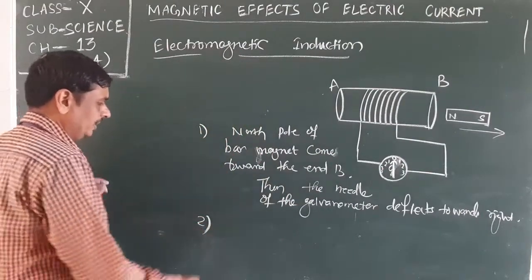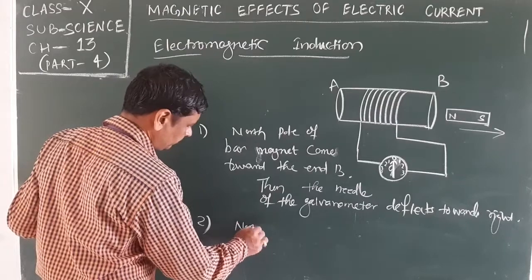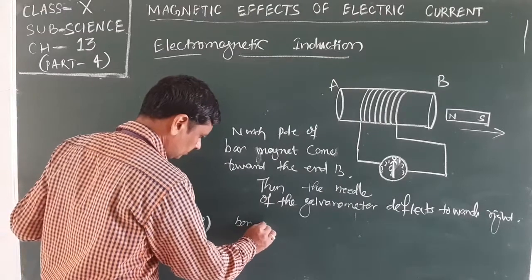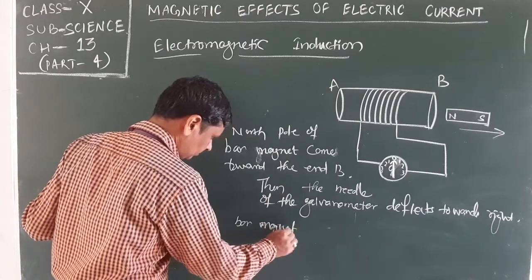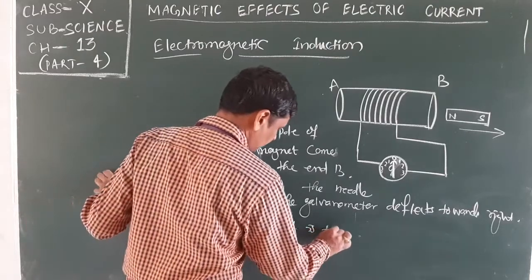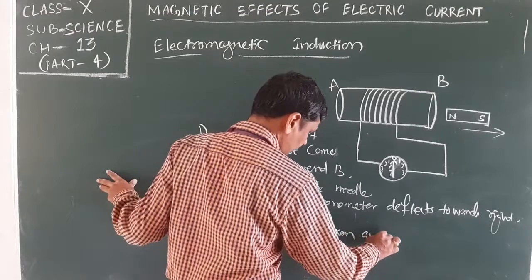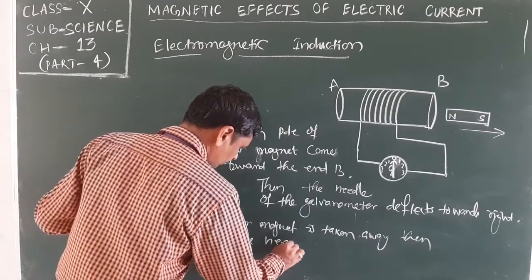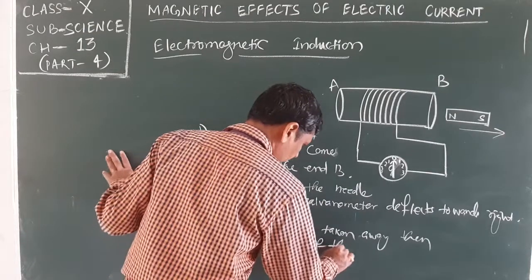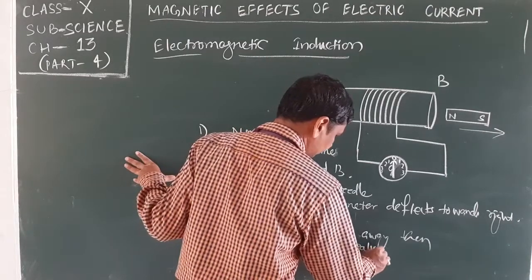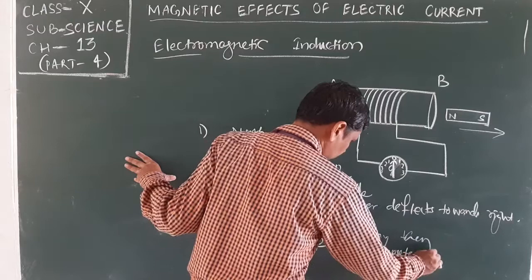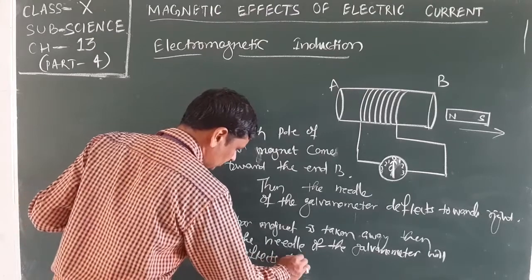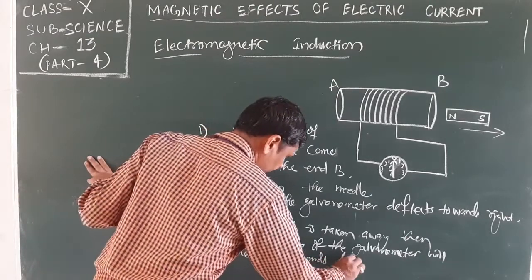The second step: when the bar magnet is taken away, then the needle of the galvanometer will deflect towards left.